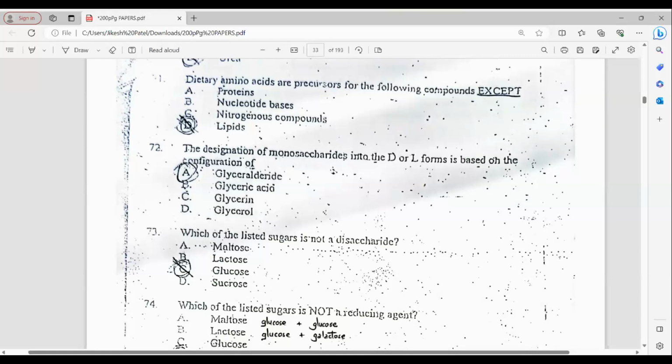It should be lipids. Okay, so does that mean if you eat just amino acids, you can't accumulate fat? That's okay. Done. I'm not sure about that.